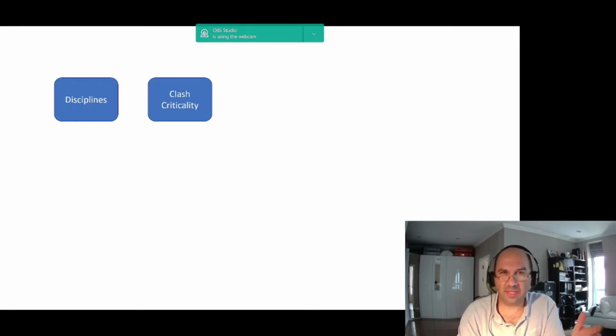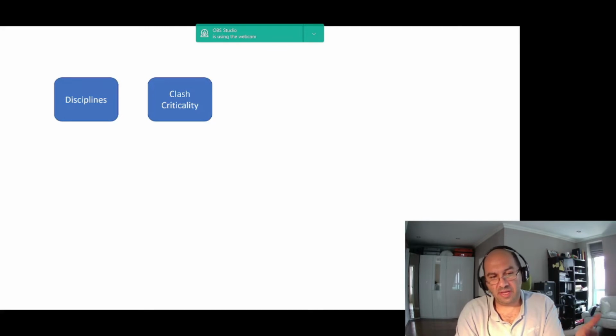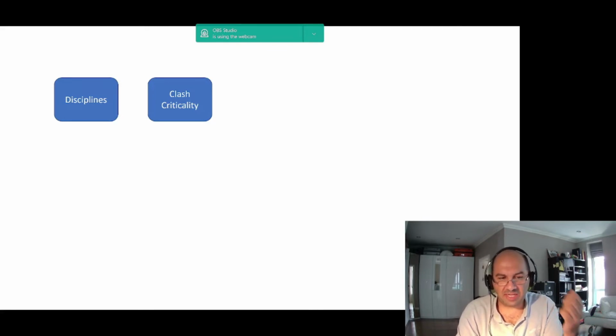And we all know that this list of disciplines changes several times during the project ramp up. It's completely normal. But on the other hand, you need to be reactive and proactive. If this list or tree view of disciplines changes, you need to automatically adapt your BIM execution plan and your coordination matrix information.